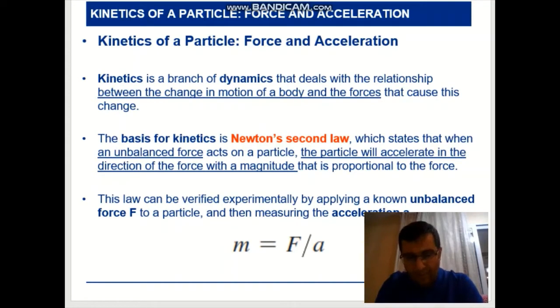If we don't use the particle's mass, it's kinematics. We were finding the acceleration, velocity, and distances in the previous parts, so we weren't dealing with the mass of the objects or the particle. It was geometric aspects.